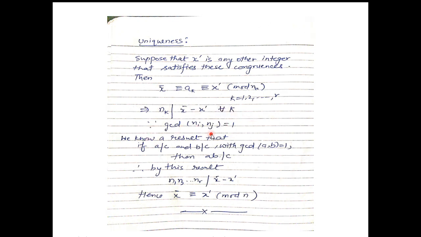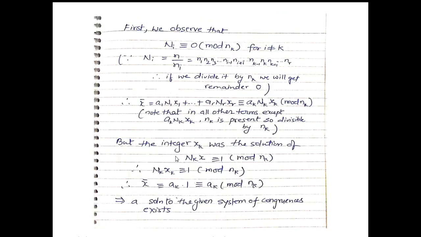Now, because GCD of ni and nj is 1, and we know this result that if A divides C and B divides C with GCD of A and B as 1, then AB should also divide C. Therefore, by this result, the product n1, n2, n3 up to nr should divide x bar minus x dash. And hence, x bar is congruent to x dash modulo n, because this n1 n2 up to nr is your n. Hence, we have proved the Chinese remainder theorem.